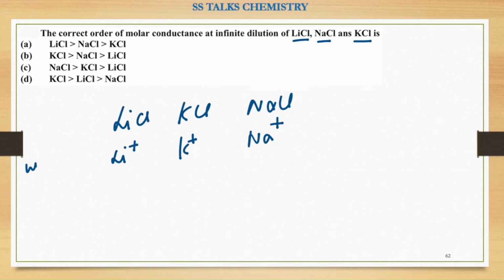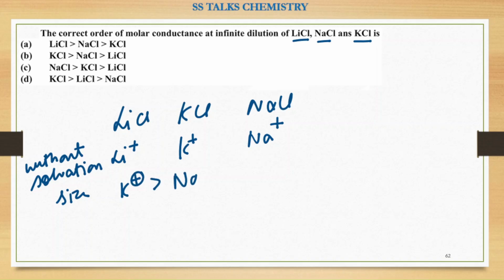Without solvation, the size comparison is going to be: K+ has the maximum, followed by Na+, and the least is for Li+.